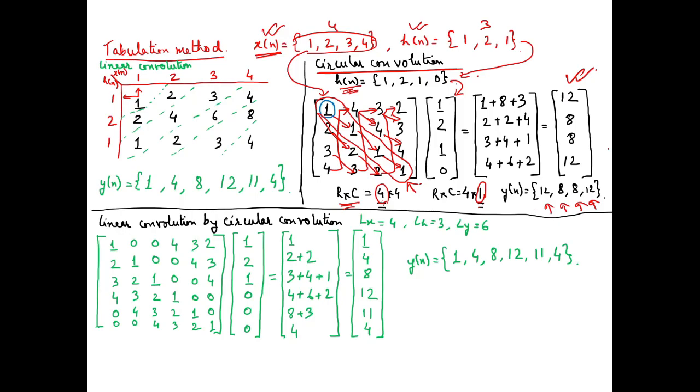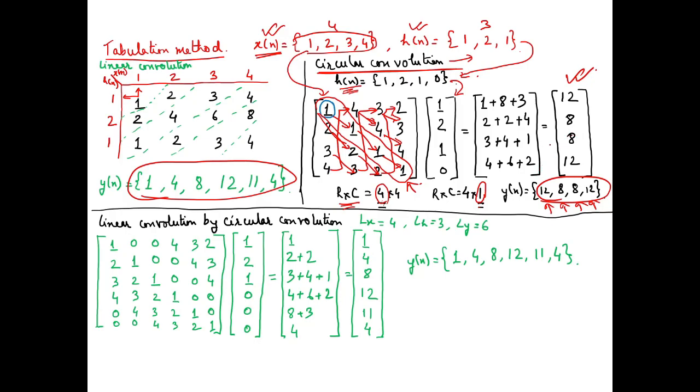Now the problem over here, if you see, this output and the linear convolution output are totally different. So in circular convolution, we have to keep in mind that whatever is your input size, you get an output of the same size.